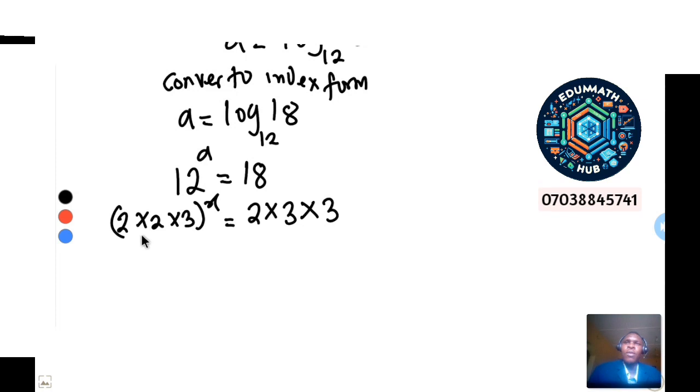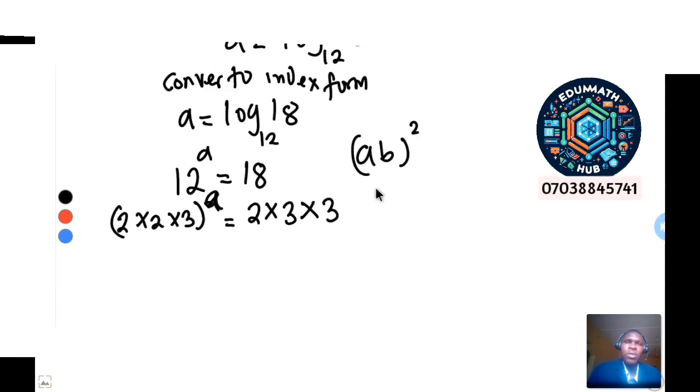Now from here, from the law of indices, when you have A, B raised to power 2, it's the same thing as writing this 2 affects this A and this 2 affects this B. So it's the same thing as writing A squared B squared. That's the idea I'm going to use here.